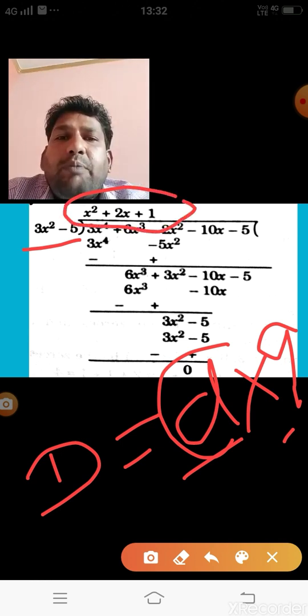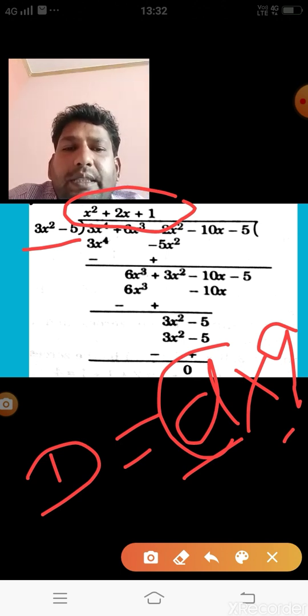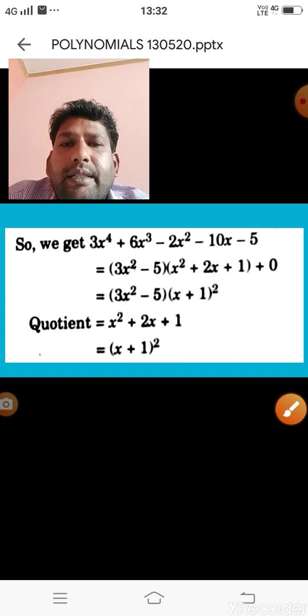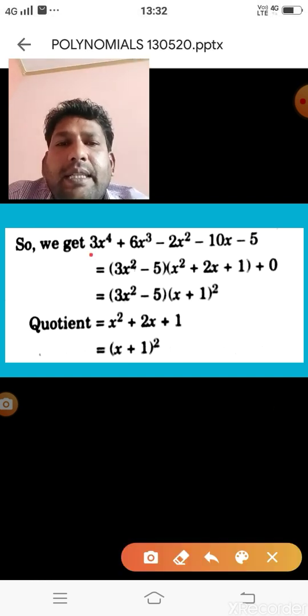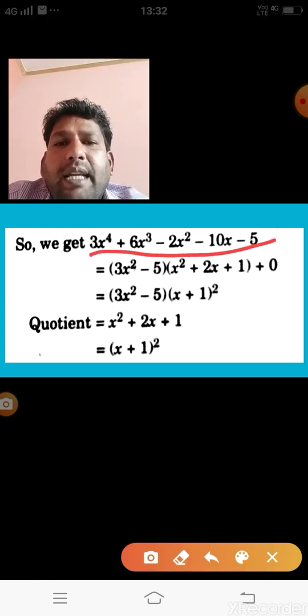And this is a quadratic polynomial. Easily, by splitting the middle term, we can form its factors. Then the given polynomial is written as the product of the divisor and the quotient, with remainder 0.